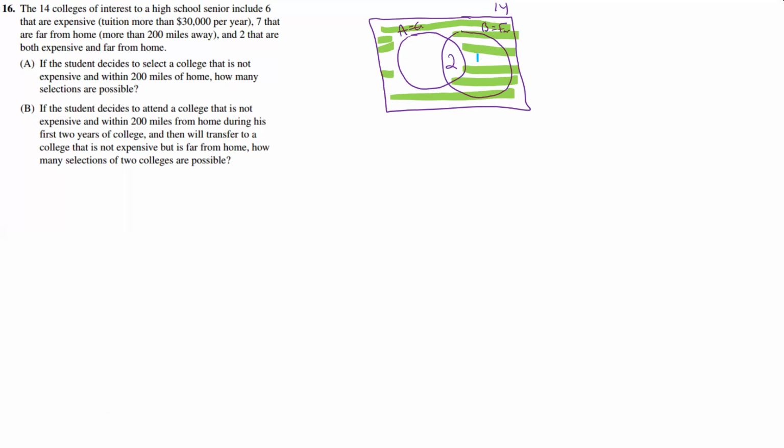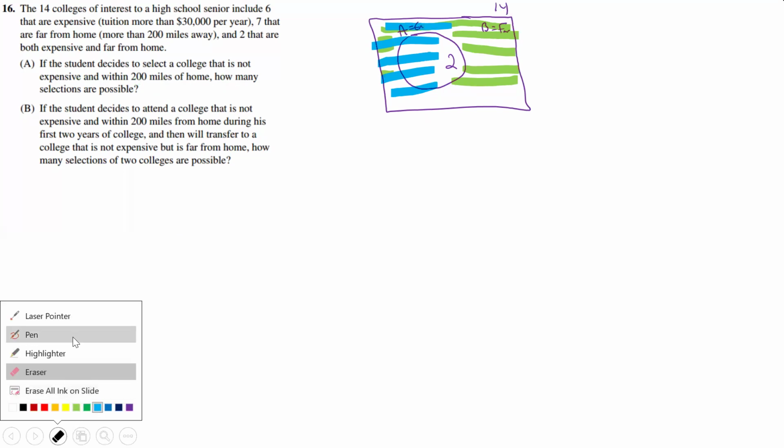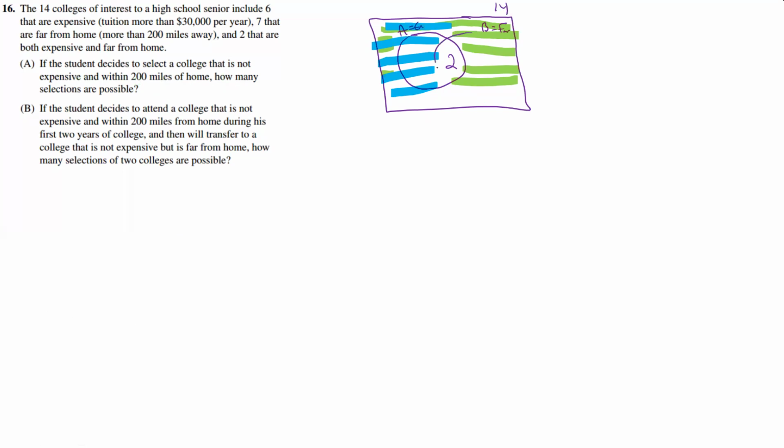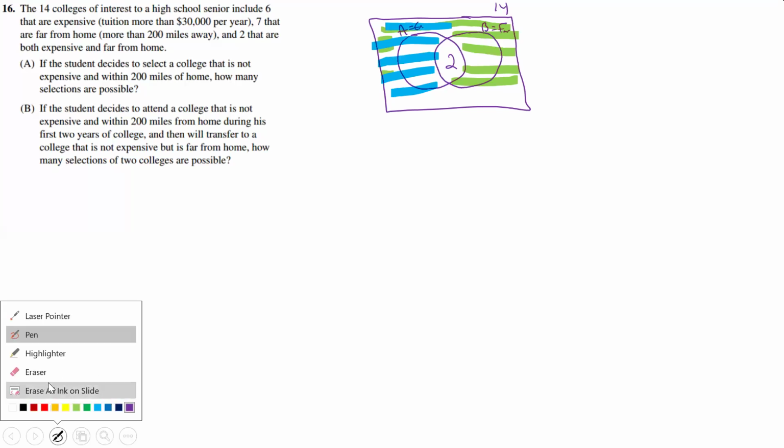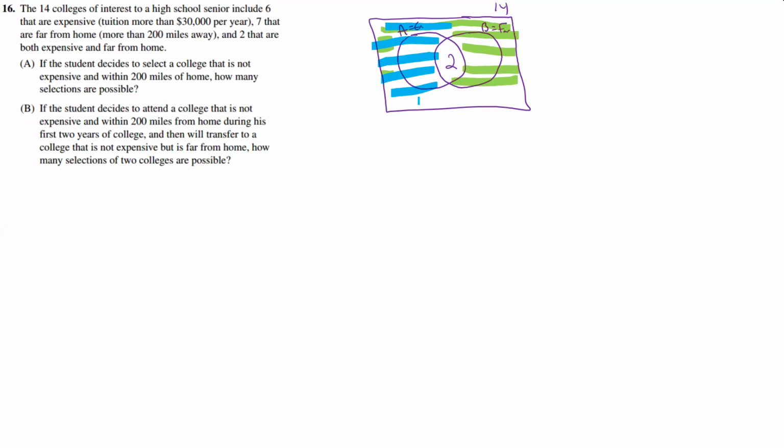And if it's not B, then it's basically everything over here. Oops, that B is not part of it. Oh well, we'll redraw that in a second. There we go. Now let's get the highlighter again, and it's going to be here and here and here and here.